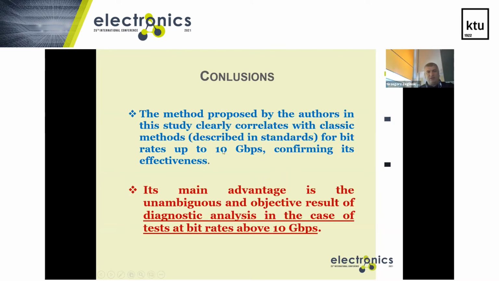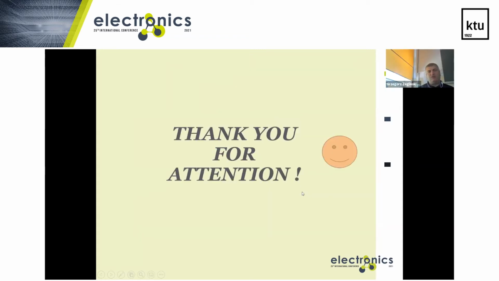This is described in the paper, and the method will be tested in a special measurement system with 100 gigabit and 400 gigabit transmission. Thank you very much. All the results are described in the paper.